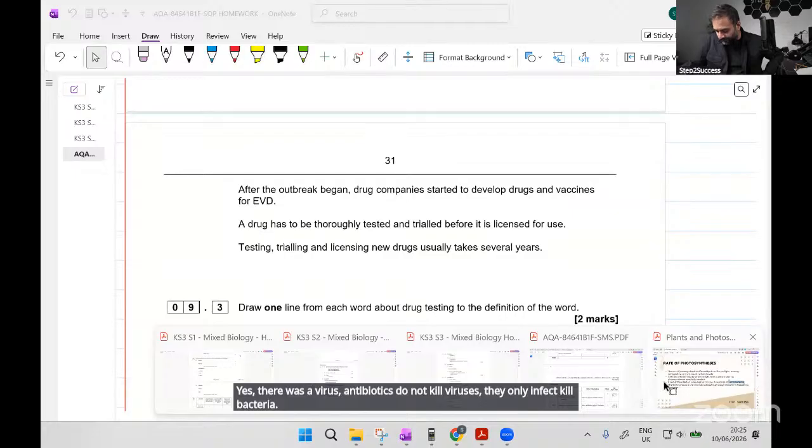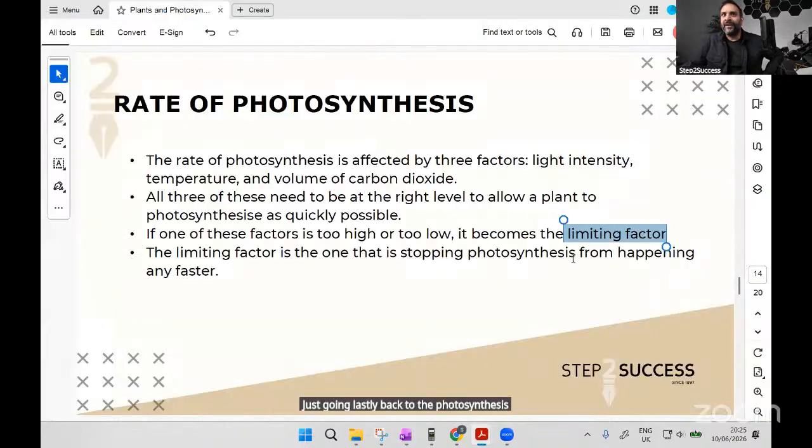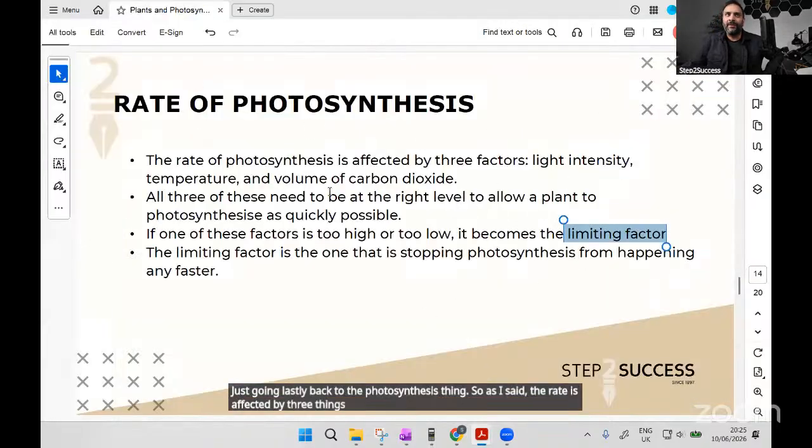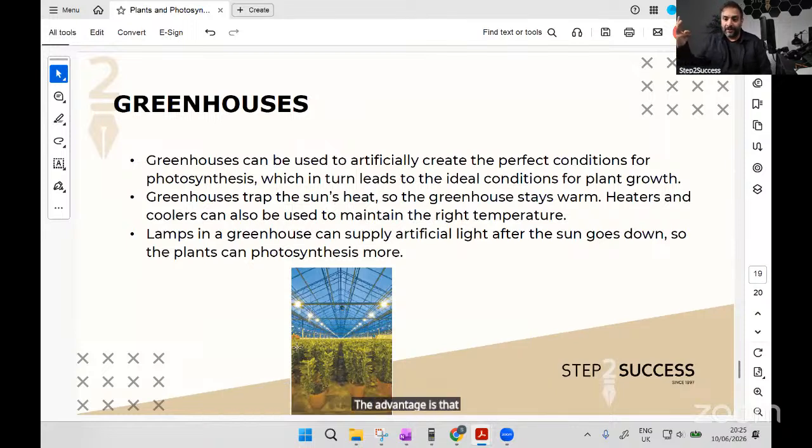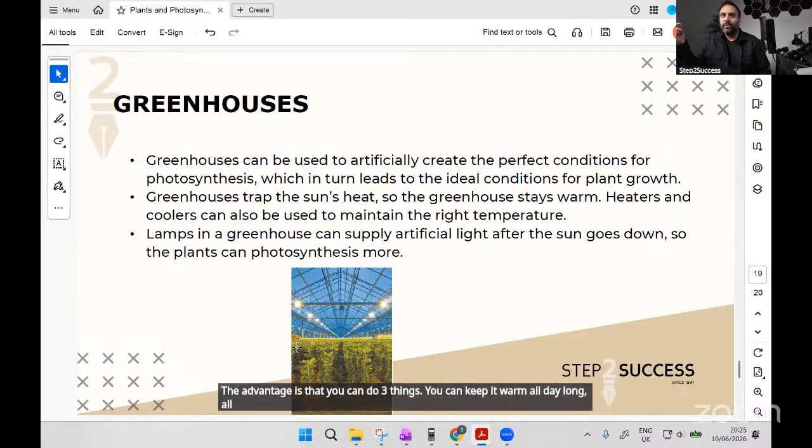Just lastly, going back to the photosynthesis thing. As I said, the rate is affected by three things: light intensity, temperature, and carbon dioxide, which is why greenhouses are often used to grow most of the things that we eat. In a greenhouse, the advantage is that you can do three things. You can keep it warm all day long, all year round, which you wouldn't be able to do outside, certainly in the UK.